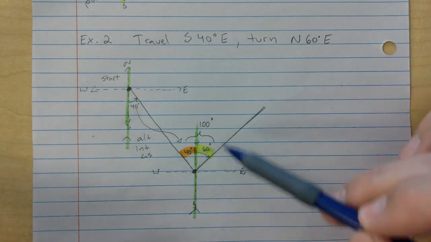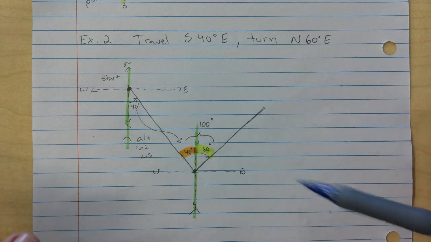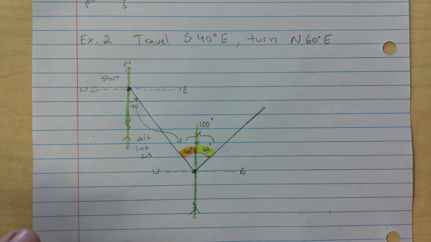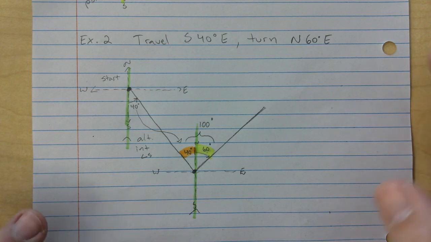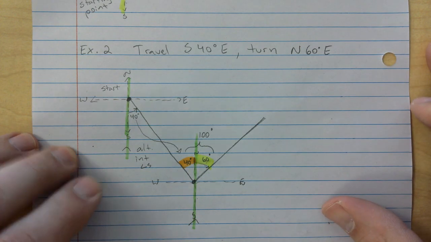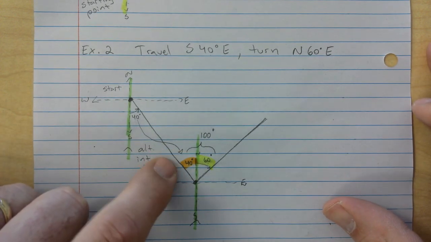So when you do word problems, this is the strategy you're going to have to use to come up with an angle inside a triangle. Okay. I think this is pretty much it. There are many cases, many ways to travel, but this is done quite often.